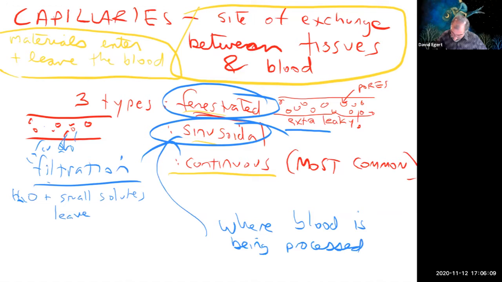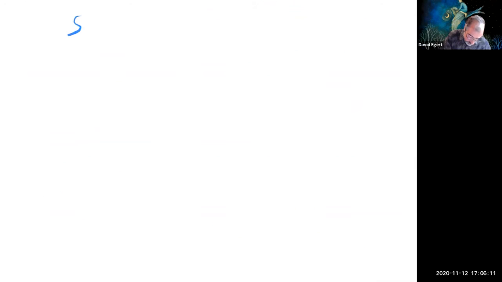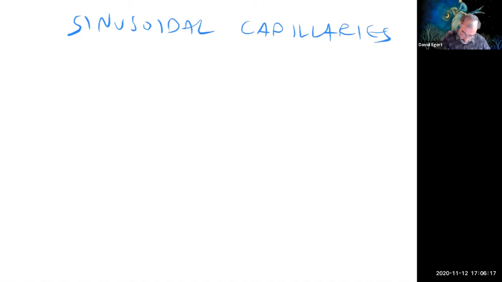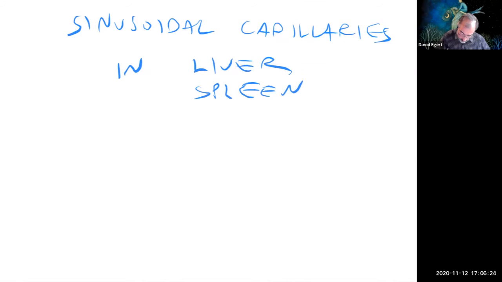In fact, let me just put it on a new page. These are in the liver, in the spleen, bone marrow. A sinus is kind of like an open space.